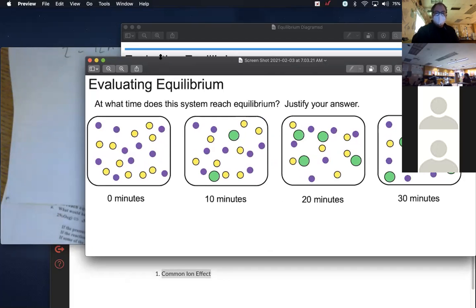You basically are looking for a consistent ratio. By adding those up, you can make a table. And where do we have a consistent ratio? At 20 minutes. At 20 minutes, we can see that we get to the point where we have a consistent ratio.